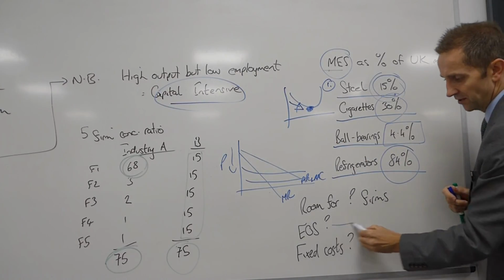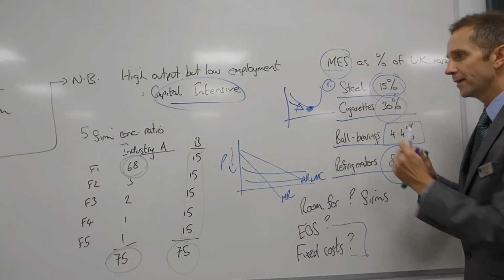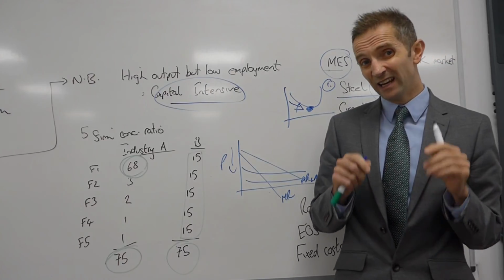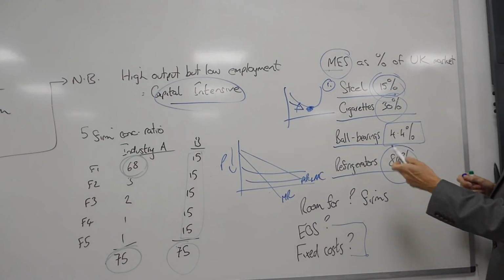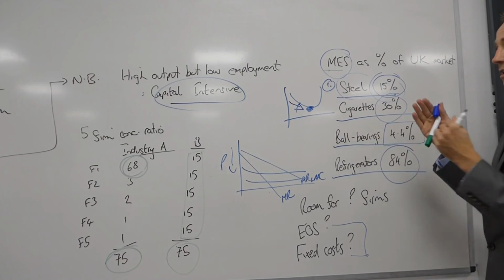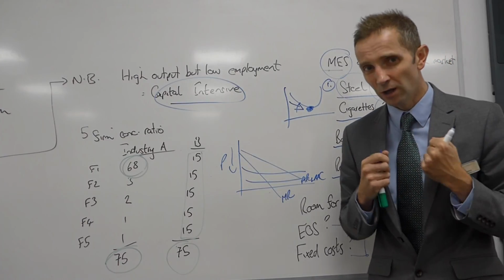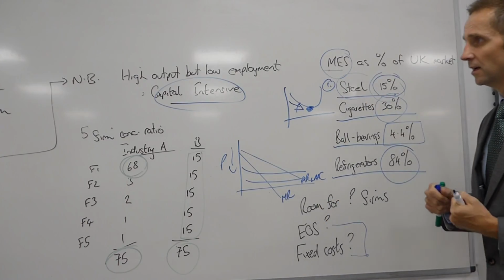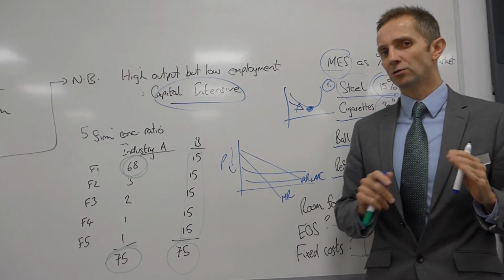It also helps us to think about economies of scale and fixed costs and whether that particular industry is really knocking on the door of a natural monopoly, or whether, as is the case, for example, in steel or cigarettes, we'll have maybe a small number of large firms which we call oligopolies operating. So we can use all of this data to think about market concentration.